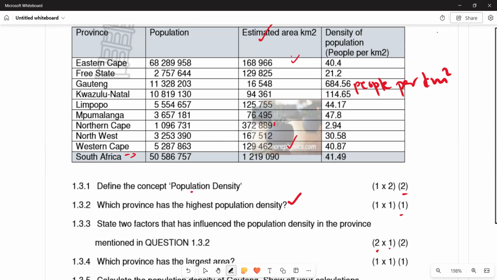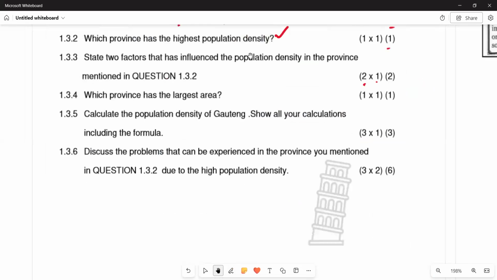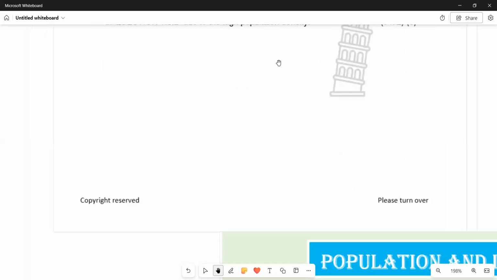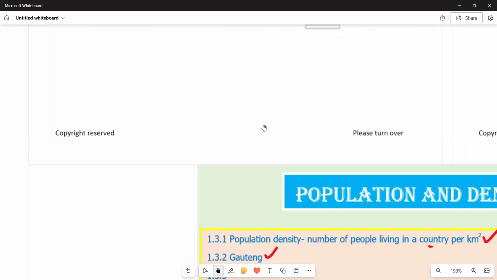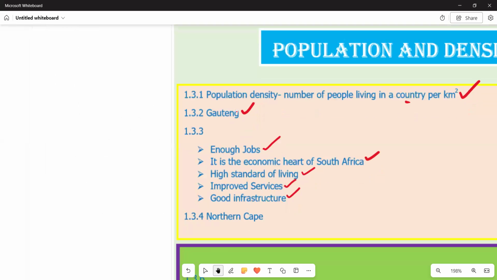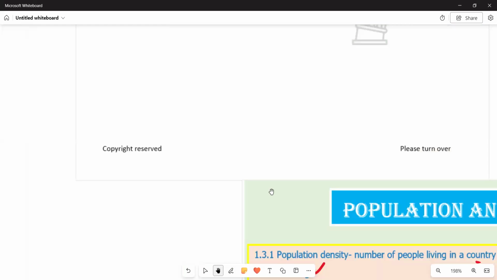So basically we have here the Northern Cape. If you go again to our answer section, you'll see that we have the Northern Cape being mentioned there. So we can as well try to move on to the next one.